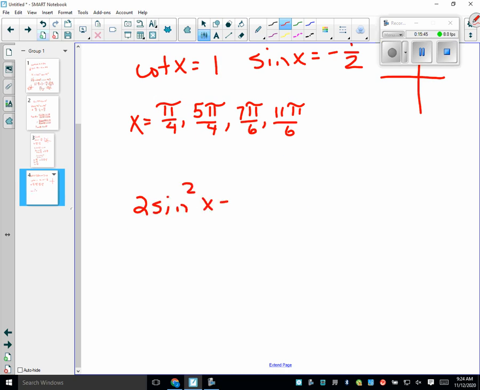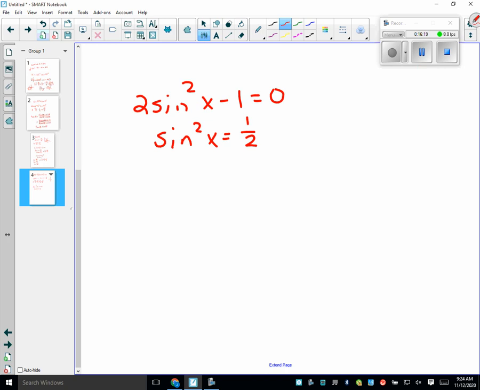What if I have this? Can I get sine squared x by itself? So do I have sine squared x equals 1/2? What does sine of x equal?